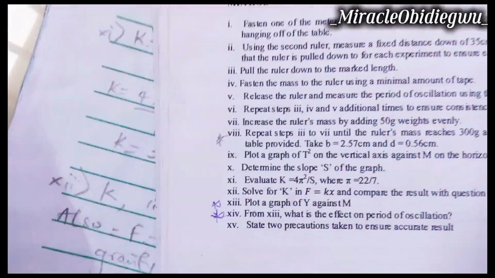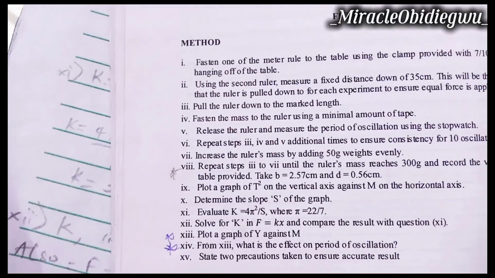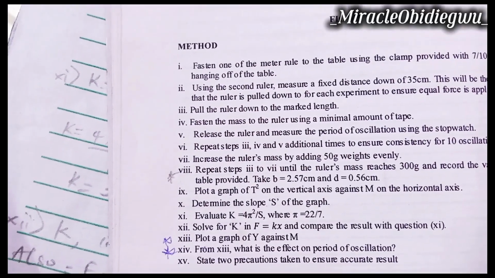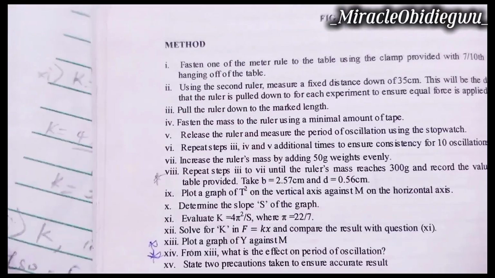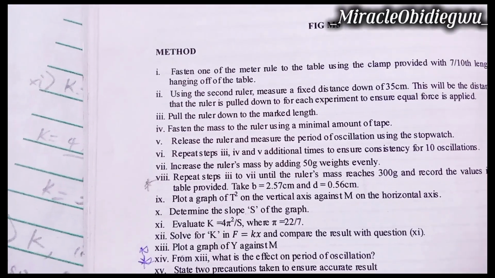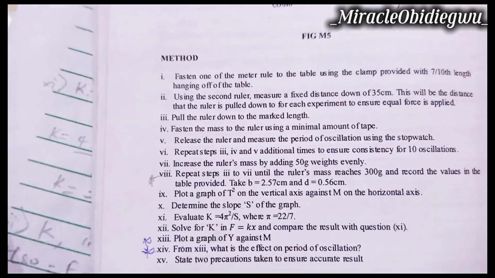Then the next question is, after plotting your T square against your m on the horizontal axis, determine the slope of the graph. And remember, the slope of the graph can only be gotten after you plot your graph, right? So this is our M5.